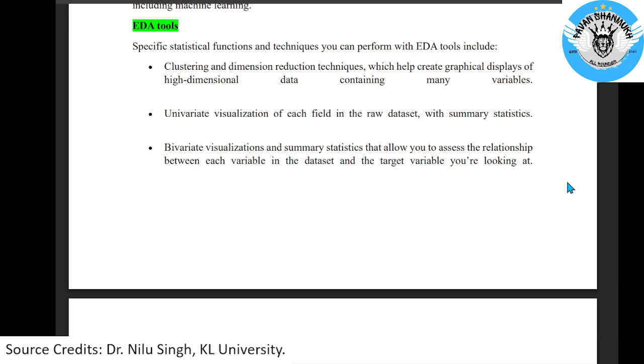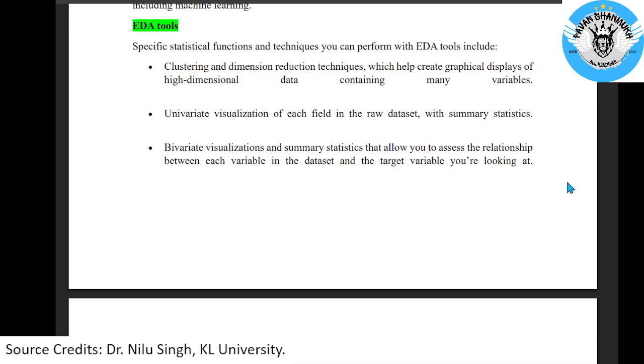So if we have a huge dataset, we can go with clustering and dimension reduction, and univariate visualization of each field in the raw dataset with summary statistics. Univariate and bivariate, these two are new terminologies. Please note them.